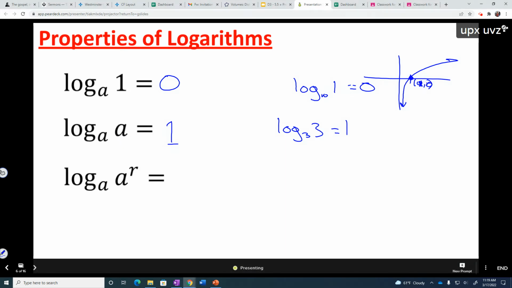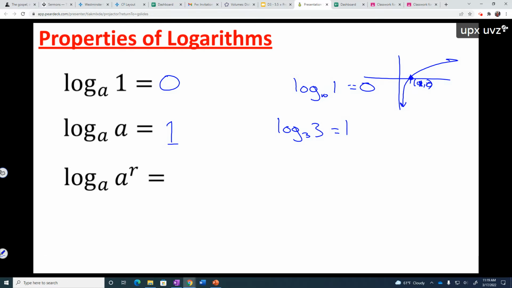Okay, how about log base a of a to the r? So let's say, for example, log base 3 of 3 cubed. Lots of 3's there. What do you think that equals?